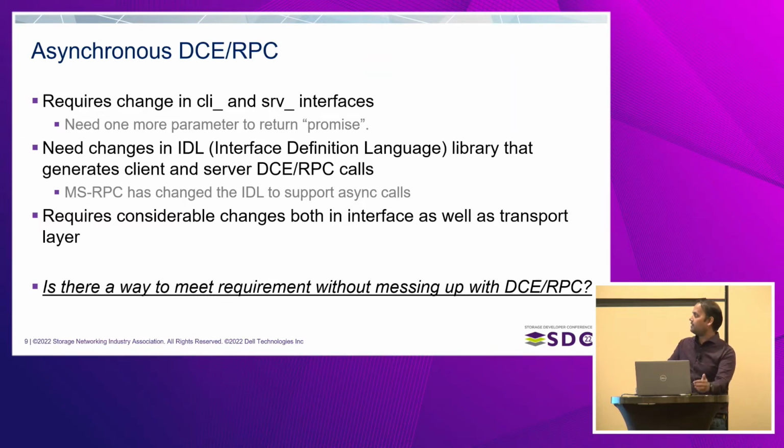But upon changing DCRPC to an asynchronous mode, we realized that the changes are very significant. It's actually disruptive. It needed changes in the IDL, the interface definition language, which is the DCRPC compiler that generates the client and server routines. It also required a lot of changes in the message transport, because we do not want a blocking call even with asynchronous DCRPC. We want a promise for the outgoing call from the library also.